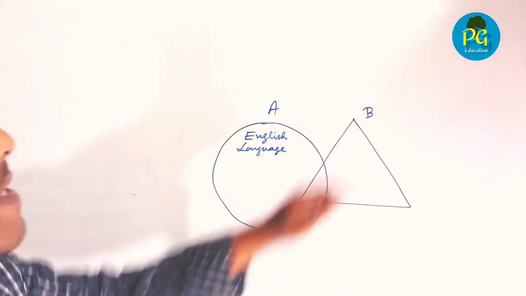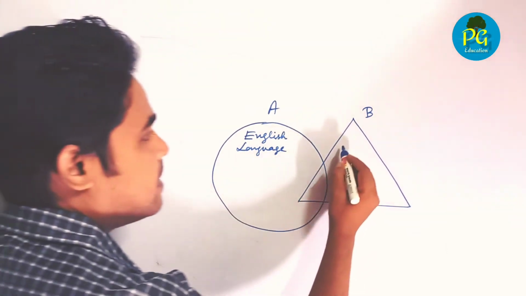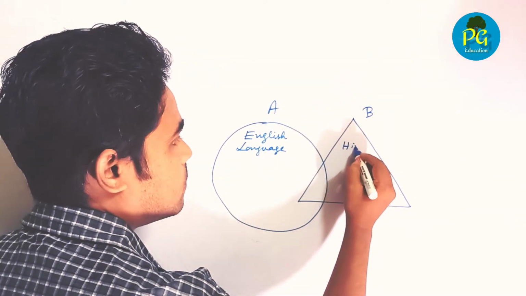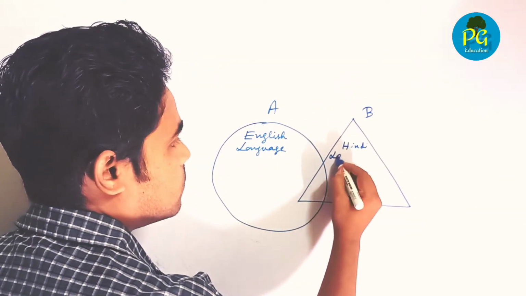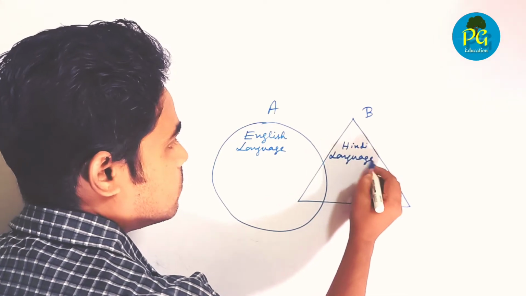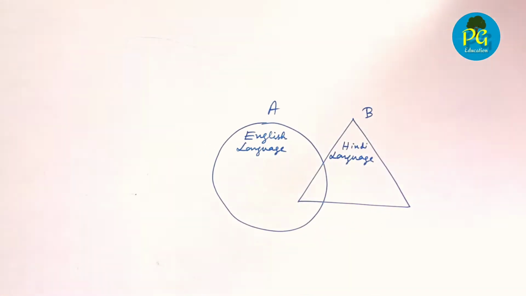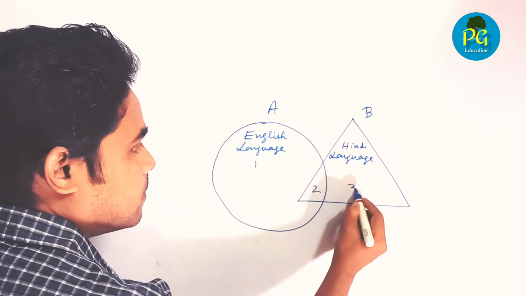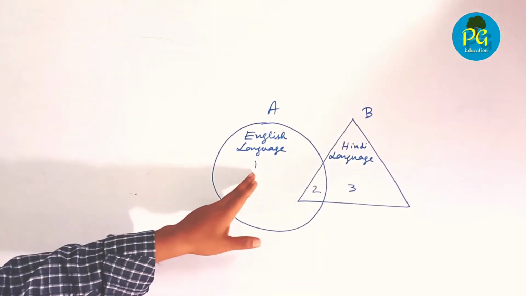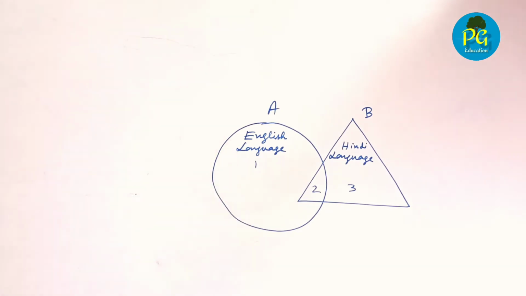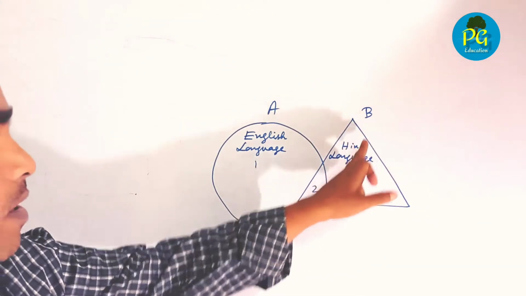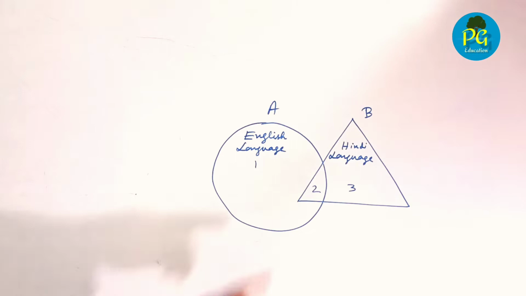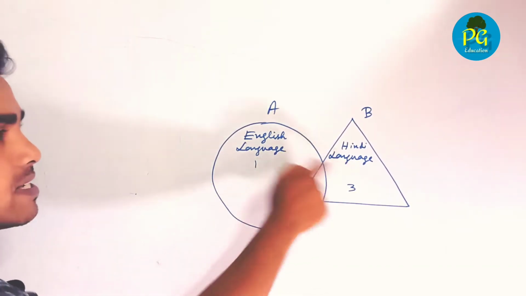Set B represents people who speak the Hindi language. Let us take 3 numbers, say 1, 2 and 3. 1 speaks English only, 3 speaks Hindi only, whereas 2 speaks both the languages, English as well as Hindi.